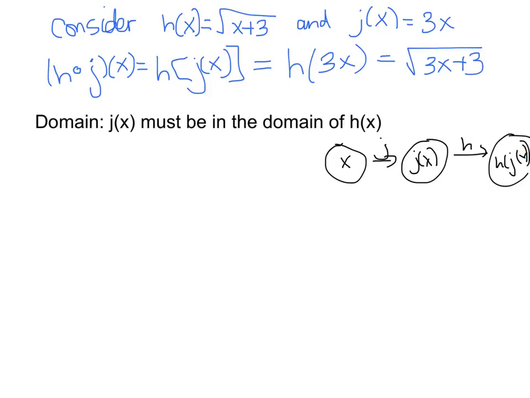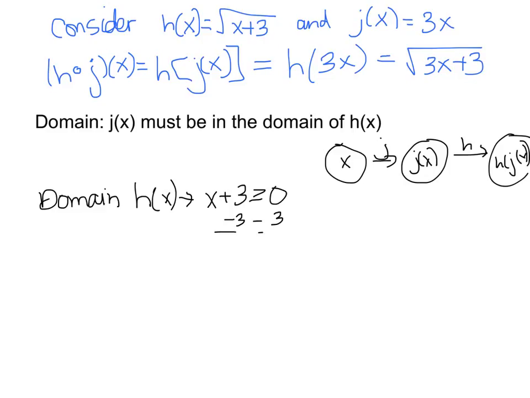So the idea here is, when we look at h of x, back up here, we know that we can take the square root of 0 and we can take the square root of any positive number. So if we were to look at just the domain of h of x, we would look at when x plus 3 is greater than or equal to 0 and solve for x.